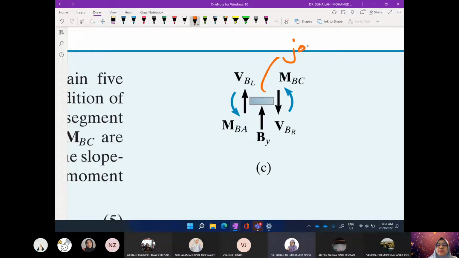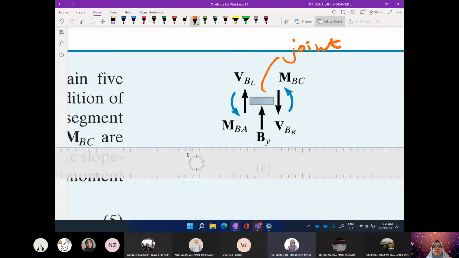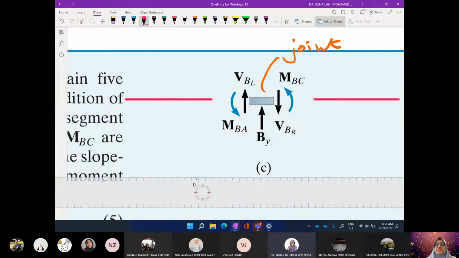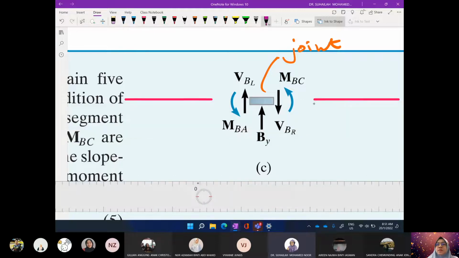This is joint B. Actually this is the member. The member end moment is clockwise, but the joint moment is opposite this member end moment.